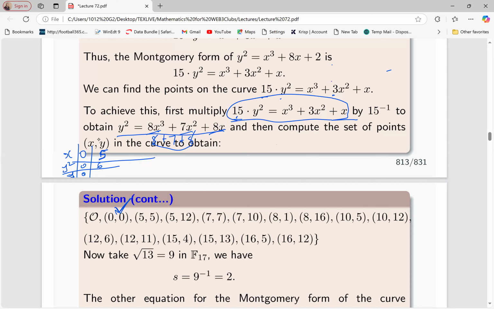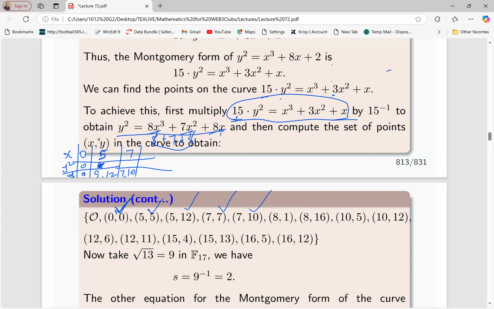You substitute 5 there, and that value has square root either 5 or 12, so we come up with these two points. When x is 6, the value of y square has no square root. But when x is 7, the value of y square has square roots 7 and 10, so you come up with that point.